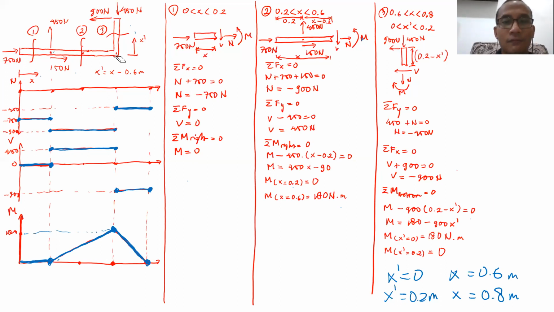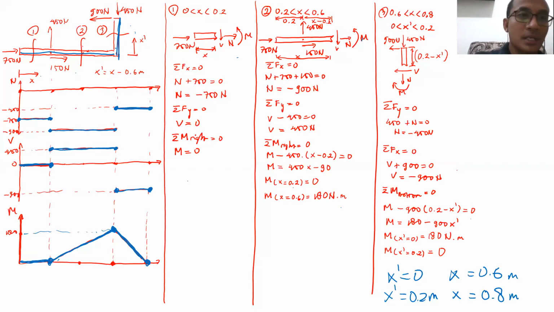because the definition of normal force or axial force is supposed to be in the same direction as your section, either tension like this or compression like this. That's a normal force. Shear force, on the other hand, is supposed to be perpendicular to the section direction. So if the section direction is like this, the shear force is supposed to be either going down or going up, because the section direction is changing from the horizontal section to the vertical section.